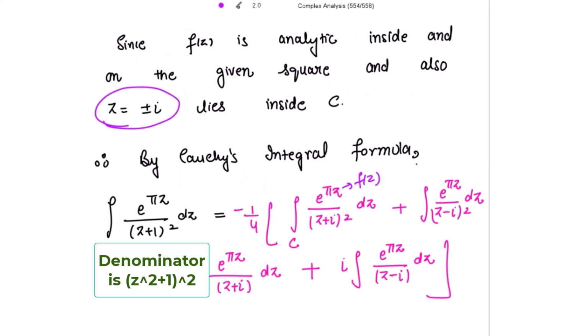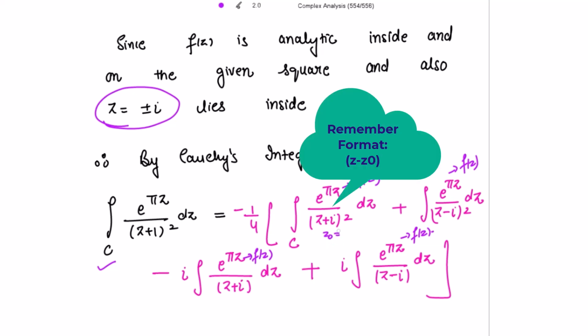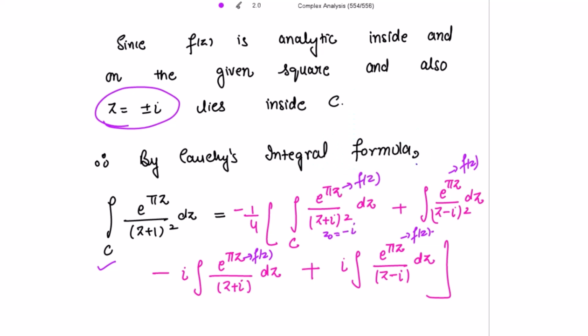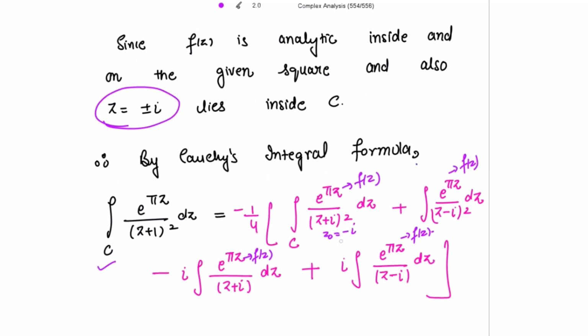We have taken e to the power pi z to be f(z). You can also write it as f(z) in the next step. Okay. Applying the Cauchy's integral formula for the first integral, what is z naught here? Here z naught is negative iota. So this integral will be equal to 2 pi iota f dash z naught. Z naught is negative iota.